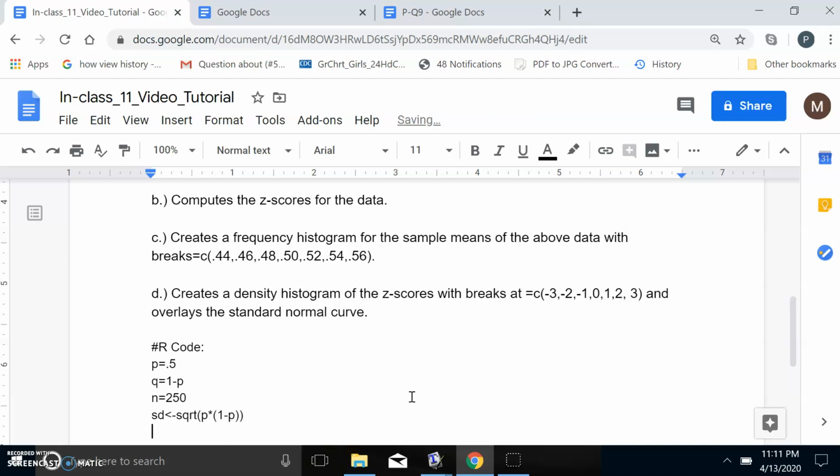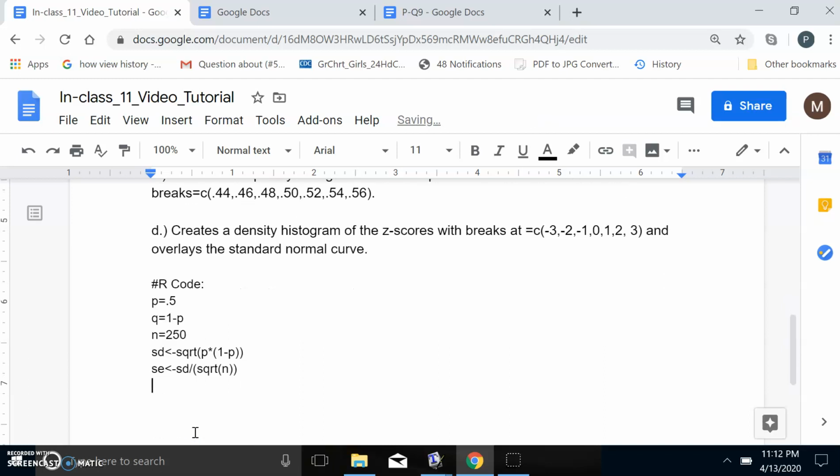Then we're going to need the standard error, SE, and that's defined to be the standard deviation divided by the square root of n, and our n is 250 in this case. I don't know if this is necessary, but I'm going to add it here anyway.